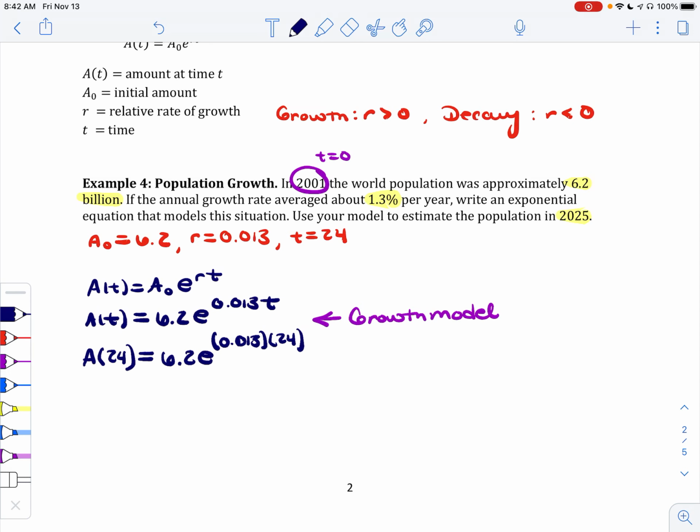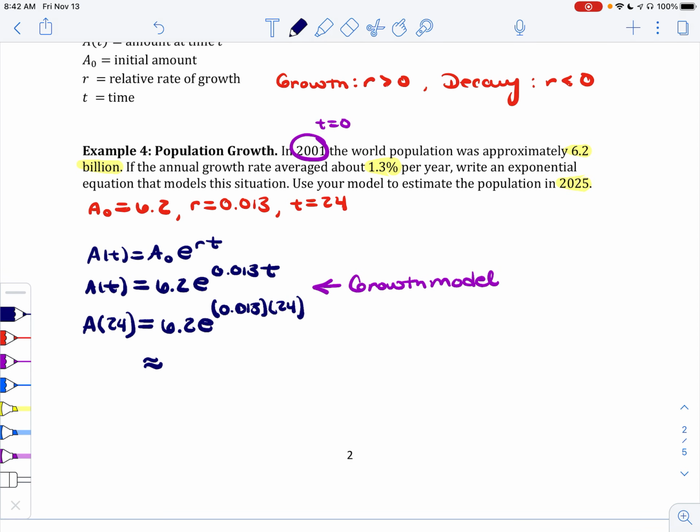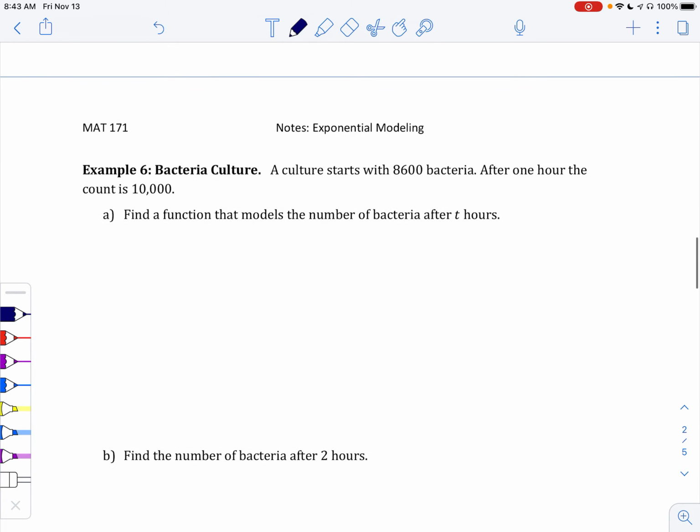All right, and then if you plug that into your calculator, you will end up with approximately 8.5. And then remember, this was in billions, so 8.5 billion people in the year 2025, according to our model. All right, so this is the general idea with these exponential decay and growth models. Let's go ahead and take a look at another example.